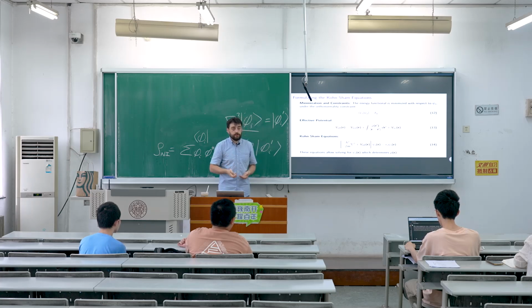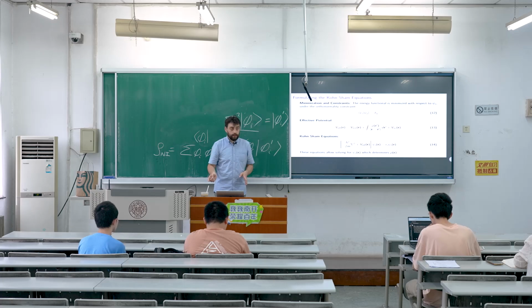If somebody says I've done some calculations in, for example, CASTEP, VASP, Quantum Espresso, Gaussian, NWChem, any of the common DFT packages, they're doing Kohn-Sham DFT. It's only if they say I'm doing orbital free DFT that they're doing something a little bit more esoteric.